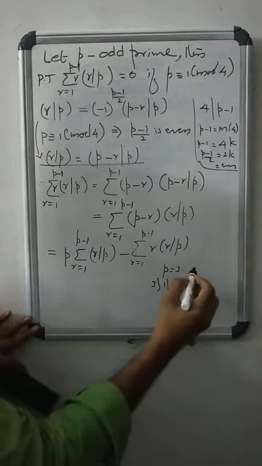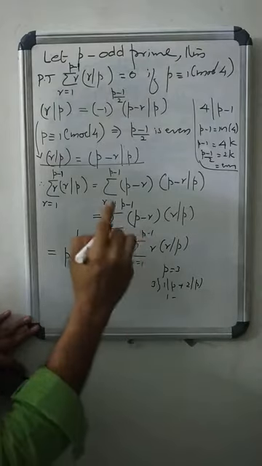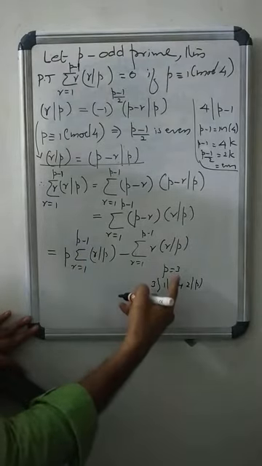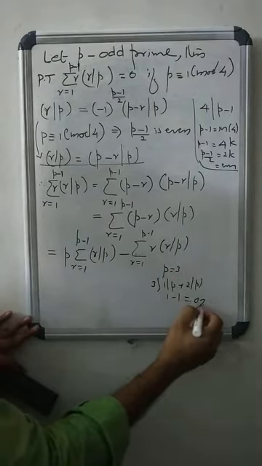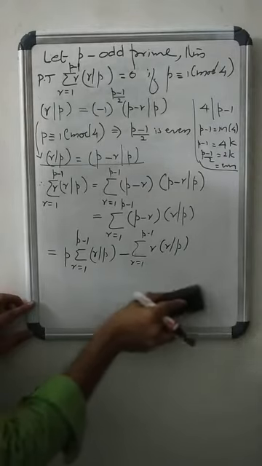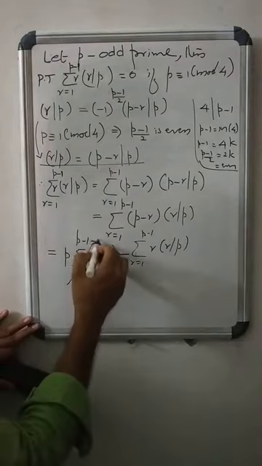Plus what is 2 by p? 2 by p, by Euler's criterion, is 2 to the power (p squared minus 1) by 8: 3 squared is 9, minus 1 is 8, 8 by 8 is 1. So 1 minus 1 is 0. For any odd prime p, we have p into sigma r ranges from 1 to p minus 1 of (r by p) is 0 itself. So this term reduces to 0.